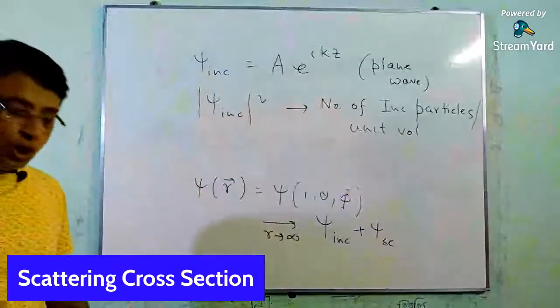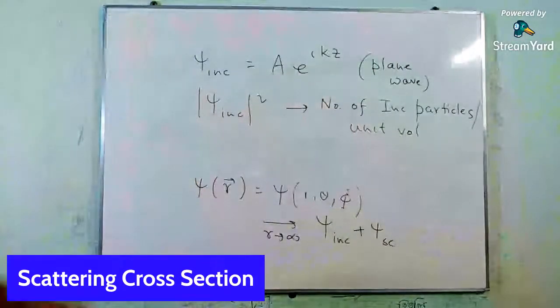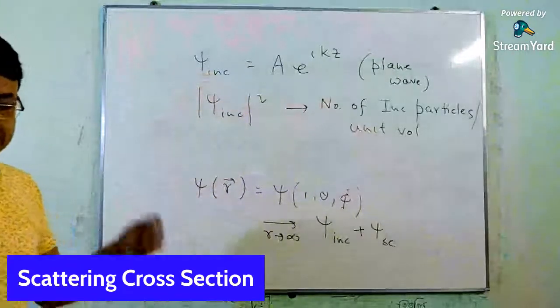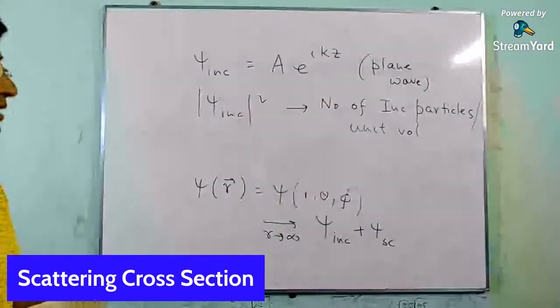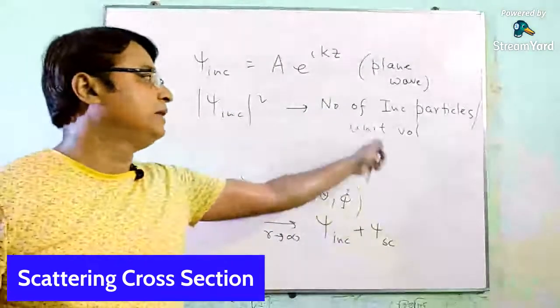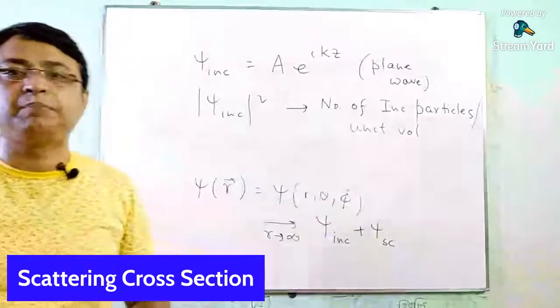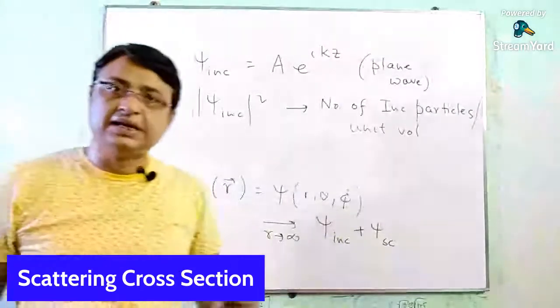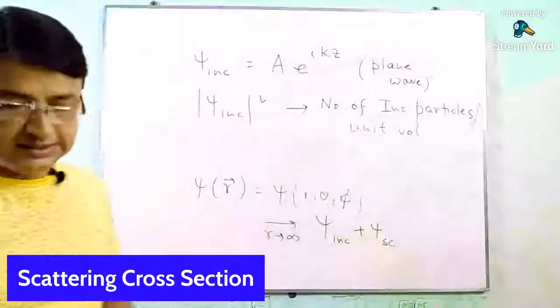Now, if we normalize the wave function psi inc such that the density of particles, since mod psi inc square means the number of incident particles per unit volume, that is, it actually represents the density.